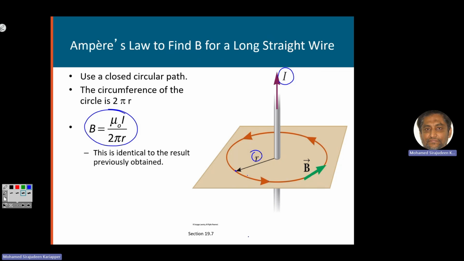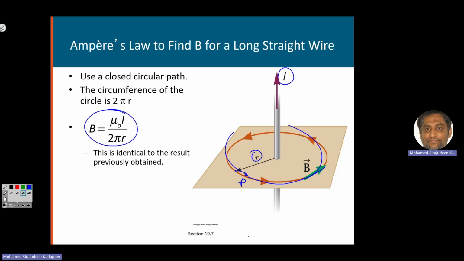And one can show that it must be tangent to that circle. I'm not going to discuss it now, but you have to take my word for it. The magnetic field must be tangent to the circle. Let's say I start from this point P and go counterclockwise.